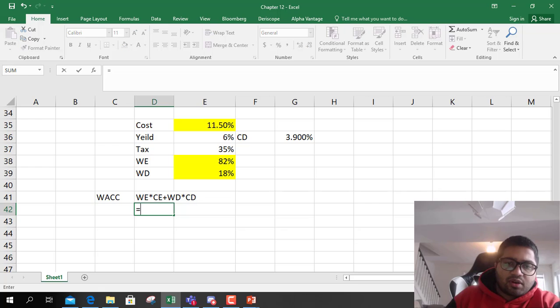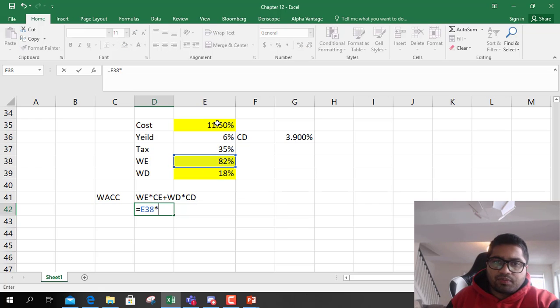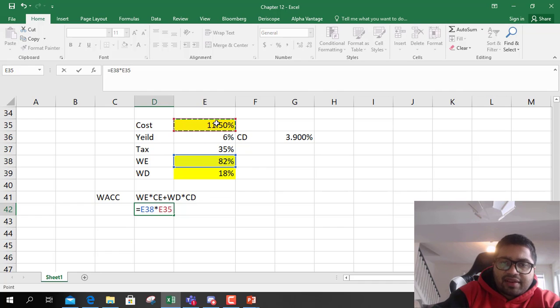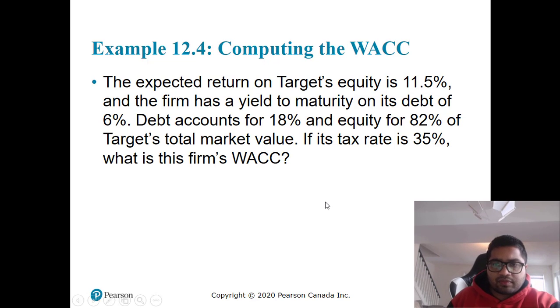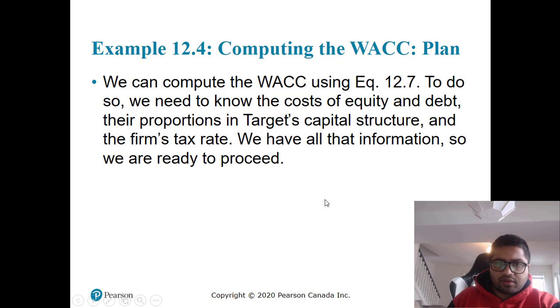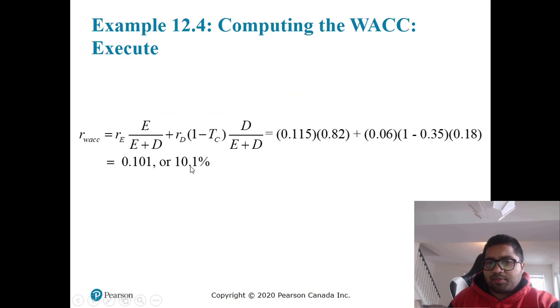Now if we put it in the formula, weight of equity 82% into cost of equity 11.5 plus weight of debt 18% into cost of debt 3.9. So it comes to 10.132. So they have computed it. So 10.1 is the answer.